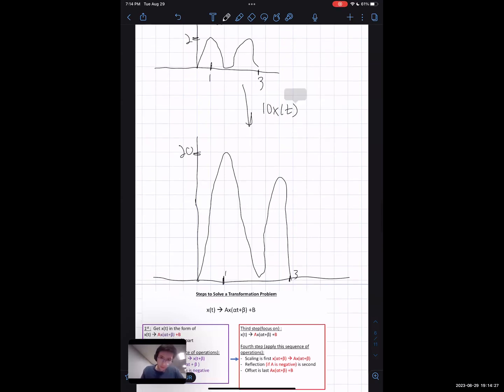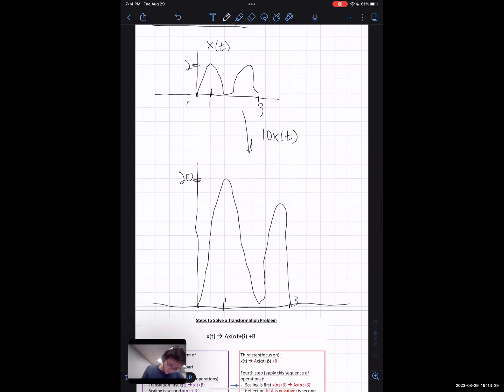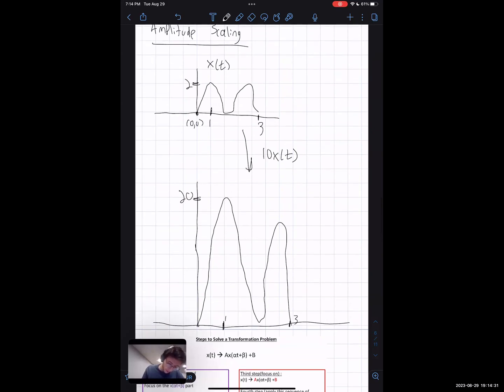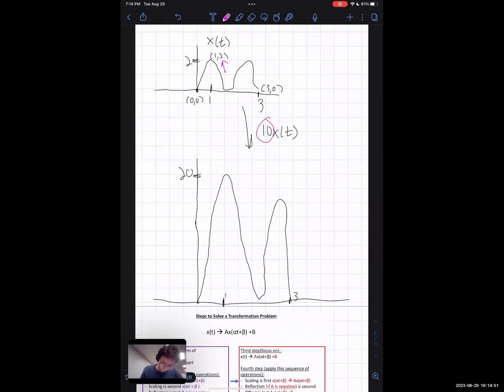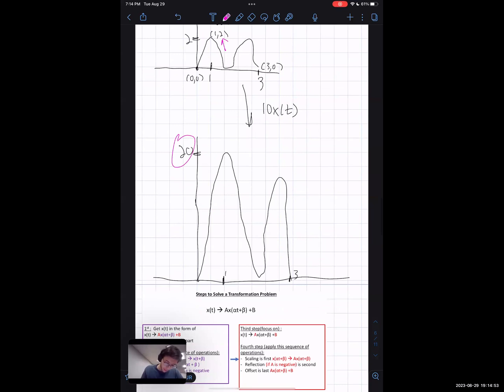So if we want to use that similar metric of going node by node and then connecting the dots, this would be 0, 0, 1, 2, 3, 0, right? So now when we're outside the parentheses, we're working in the amplitude, we want to basically alter our vertical coordinate. So here, amplitude scaling, it's multiplication. So we're going to multiply this by 10 because it's 10 here. So 2 times 10 is how we got that 20, okay?